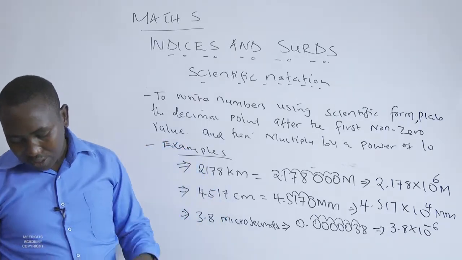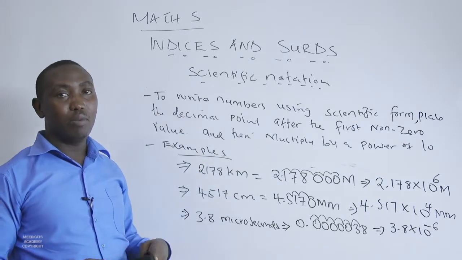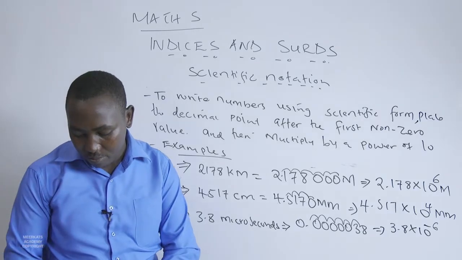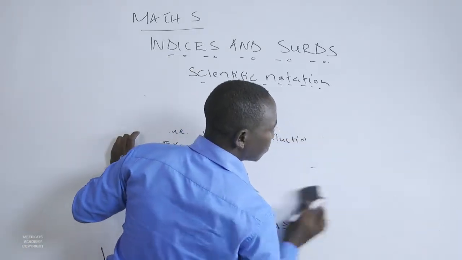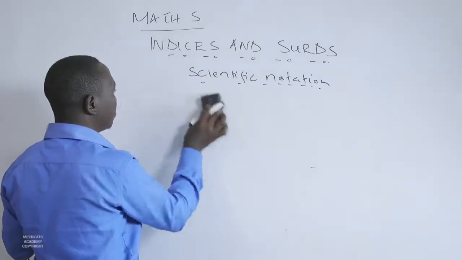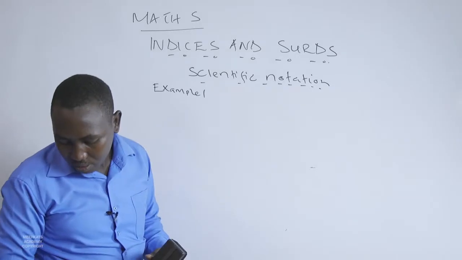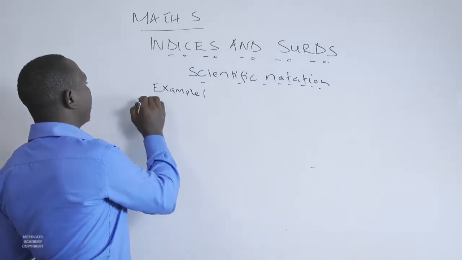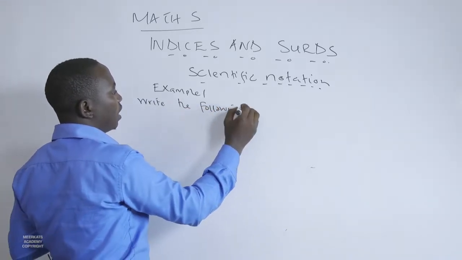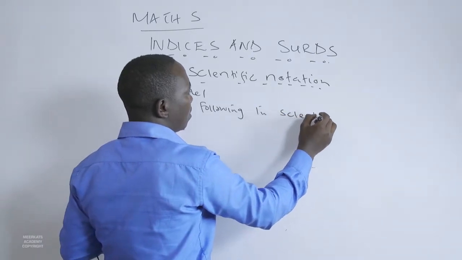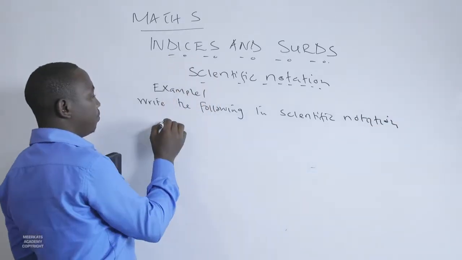We want to look at several examples on how we can convert these large or small numbers and easily write them in scientific form. So example 1, we are told to write the following in scientific notation.